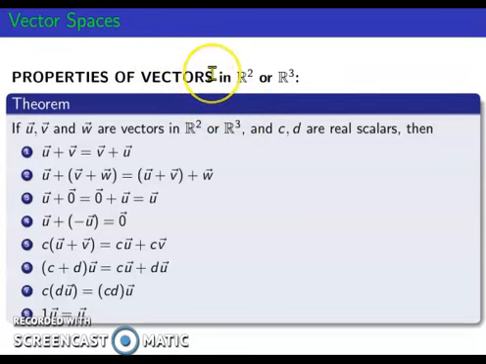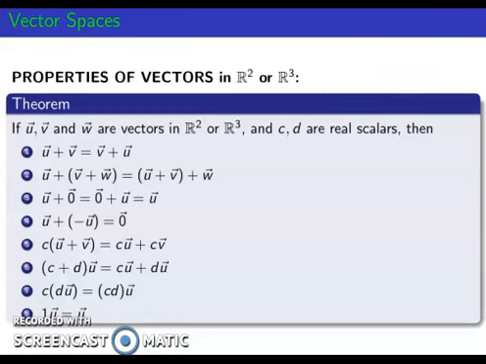But there are vectors that are hindi lamang siya represented as a directed line segment, hindi lamang siya ordered pair or matrices, but there are also vectors that are functions. There are also vectors that are continuous functions or vectors that are of the size m by n, hindi lamang vectors na 2 by 1.